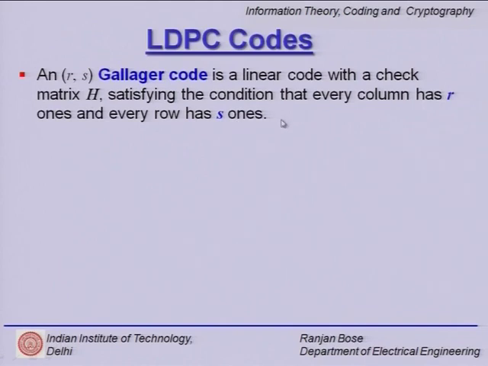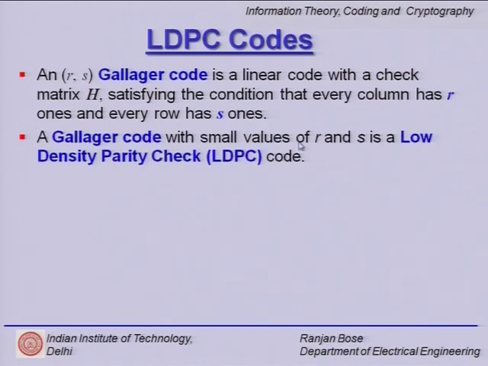So if you want to visualize a binary code, we are putting constraints on how many ones you can have in every column and how many ones you can have in every row. And if we make this constraint strict, that is, R and S values are small, then my H matrix is pretty much full of zeros.